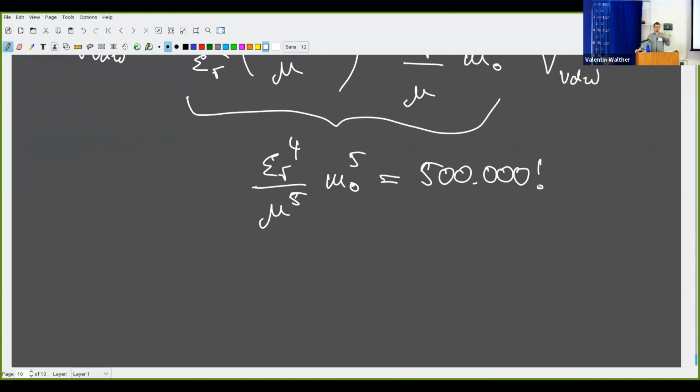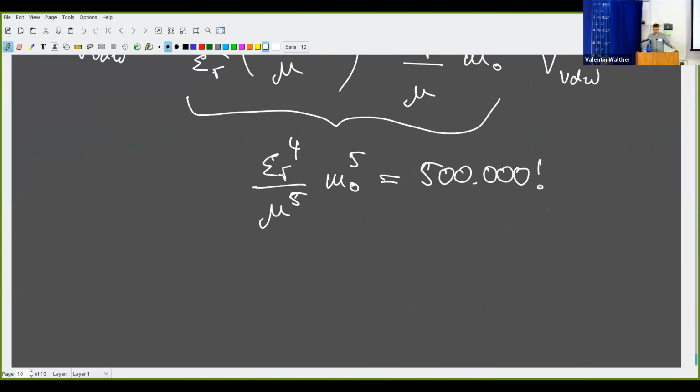So what this means is that we expect the van der Waals interaction, the asymptotic interaction between two excitons, to be about 500,000 times stronger at the same quantum number as you would see it in atoms.